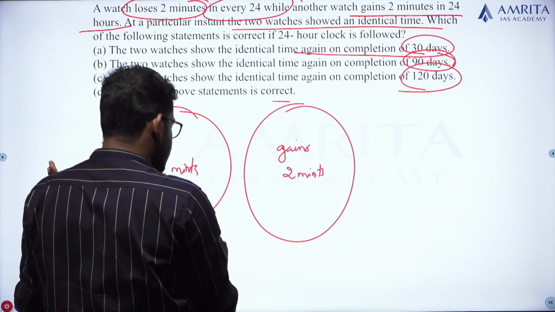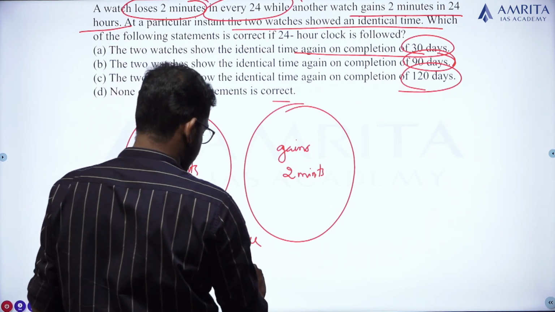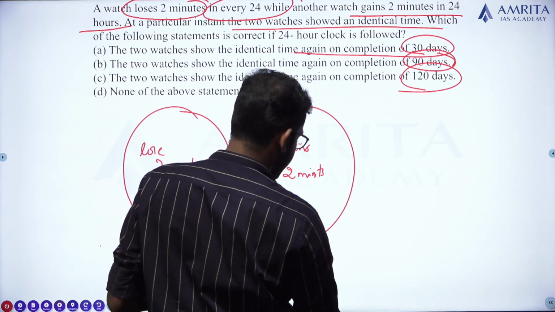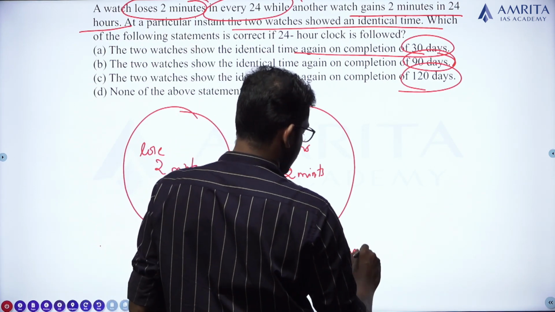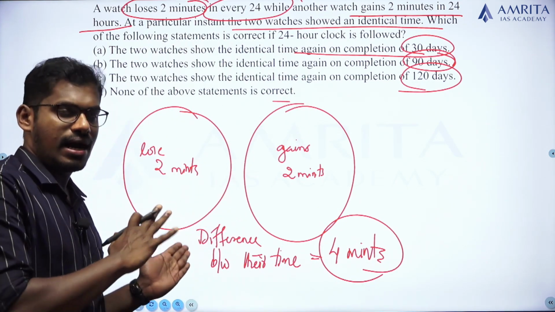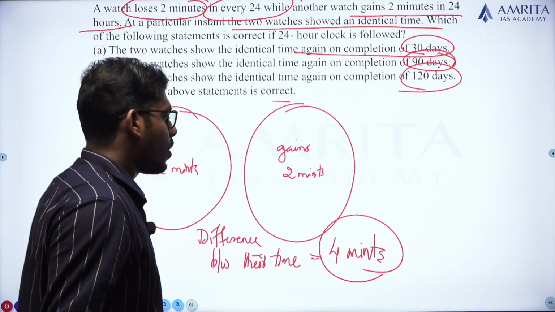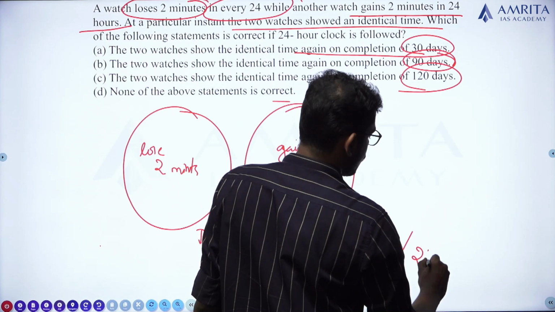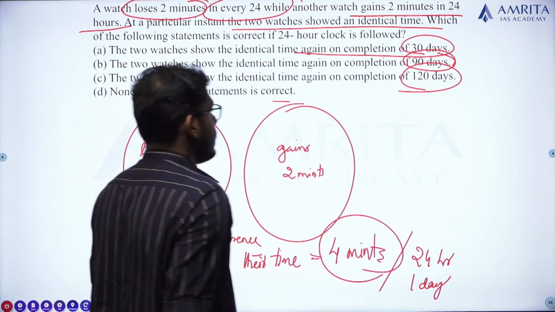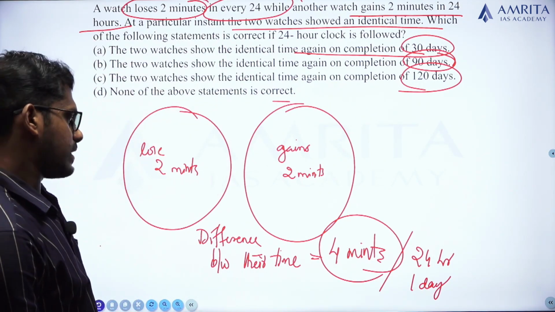So the difference between their time is equal to 4 minutes. So they are differed by 4 minutes. Clear? Okay. 4 minutes per 24 hours, or 4 minutes per 1 day. Then we have to find which of the following statements is correct.